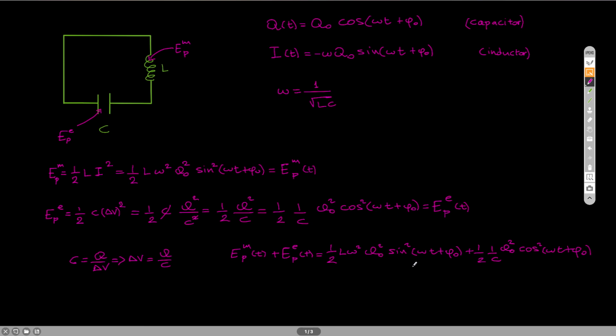Now, one thing that I will do, since I know that omega is equal to 1 over the square root of LC, omega squared will be simply 1/LC. So instead of using omega squared, I will just use 1/LC.